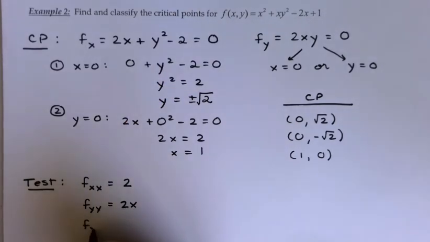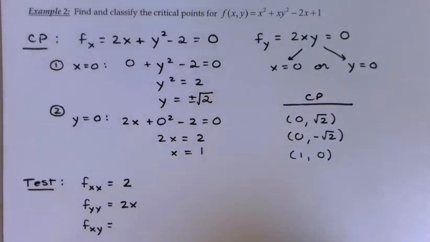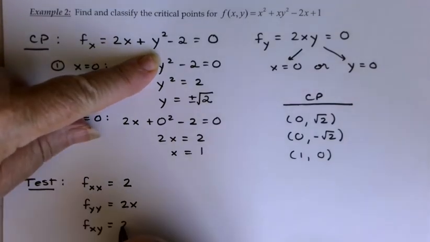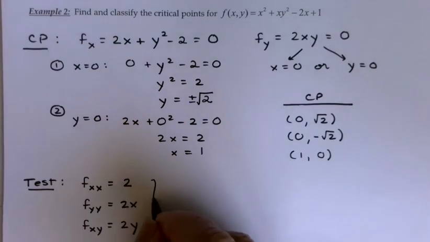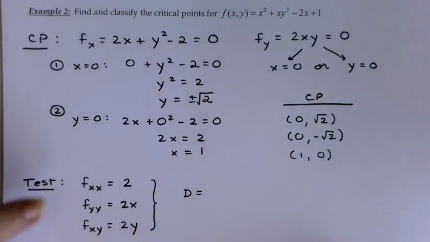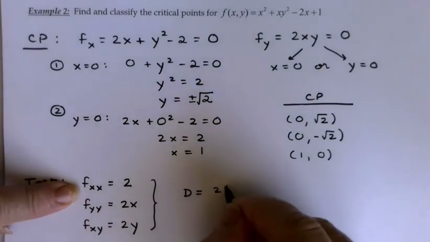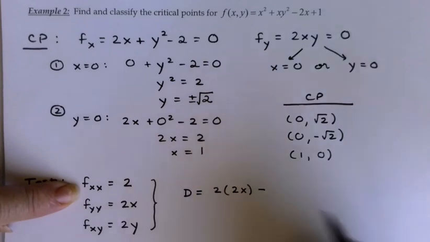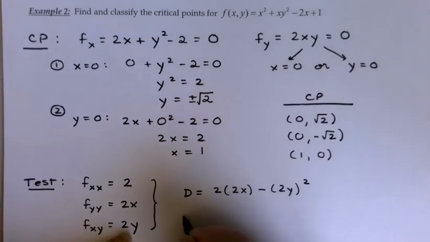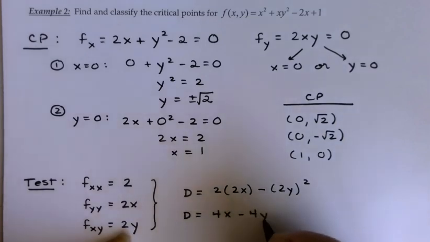And then my mixed partial, f sub xy, with respect to y here is going to give me a 2y. So D is the product of these two minus the square of that one, which is 4x minus 4y squared.